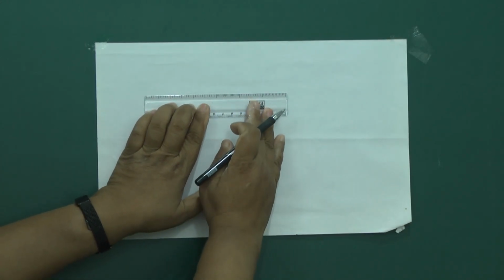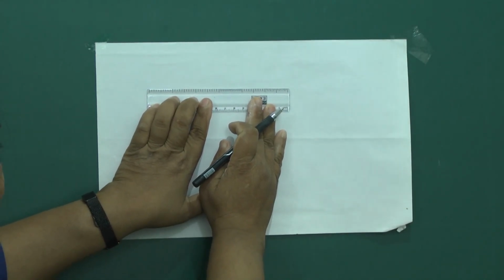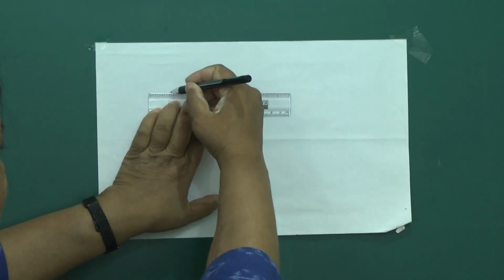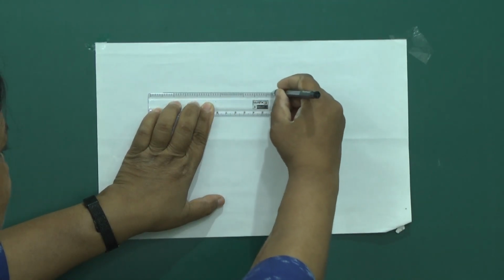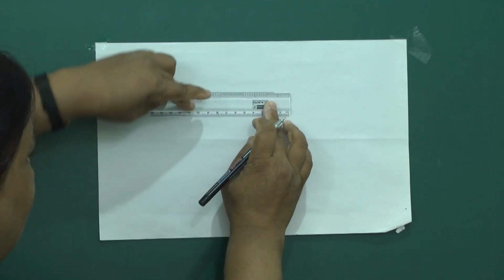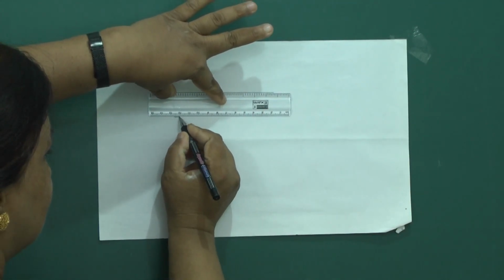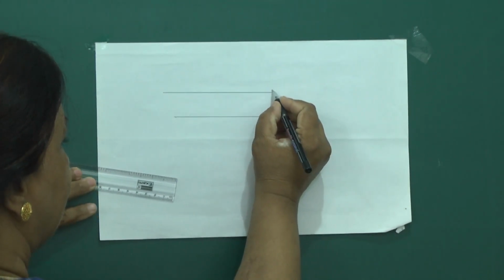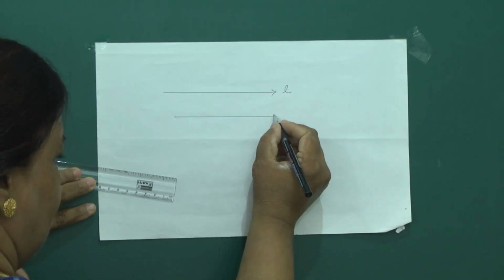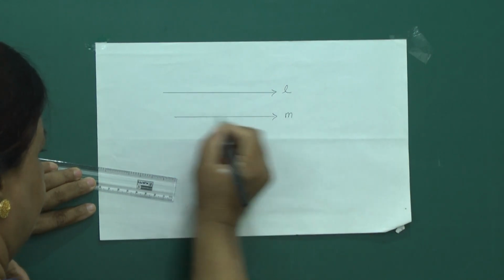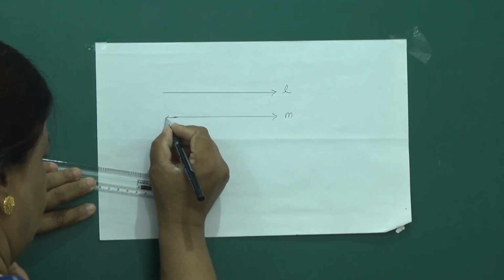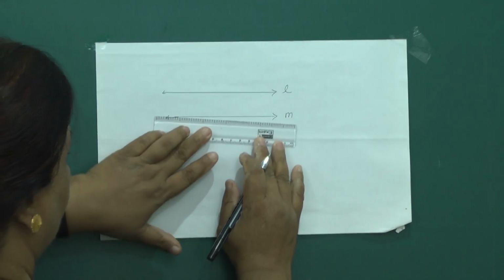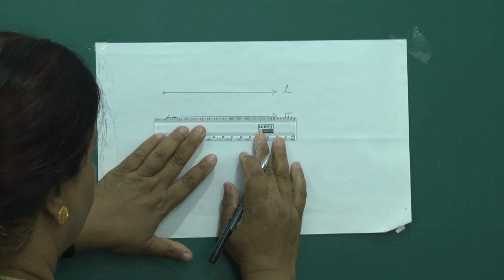Children, you can see here I am going to draw three parallel lines. This is one line and parallel to this is another line. Let me label this line as L and this line as M. One more line I will draw.